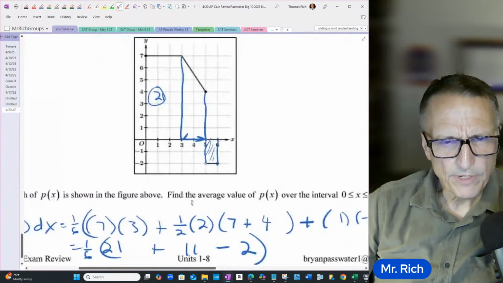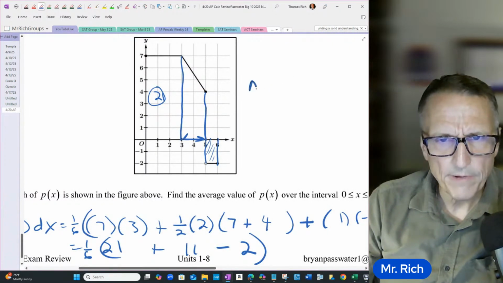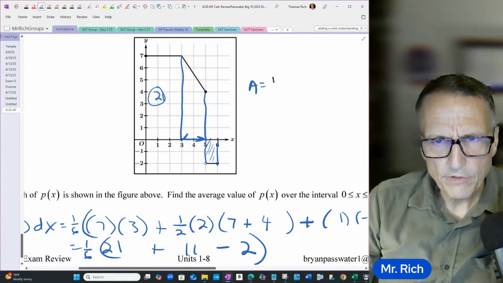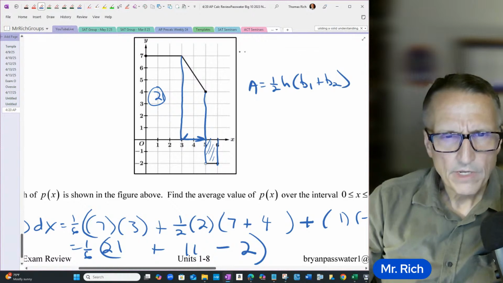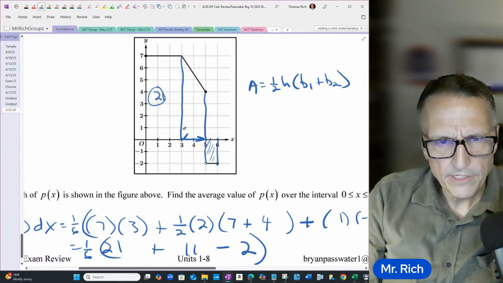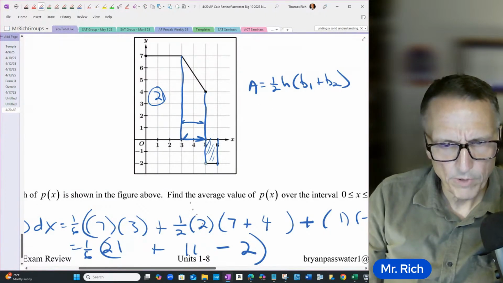So on the trapezoid here, the formula, I guess that's what you're asking me about. The area of the trapezoid is 1/2 times the height of the trapezoid times the sum of the bases, B1 plus B2. So the trapezoid height is the distance between the two bases, right? So that's going to be a distance of 2. So that was my 1/2 times 2.